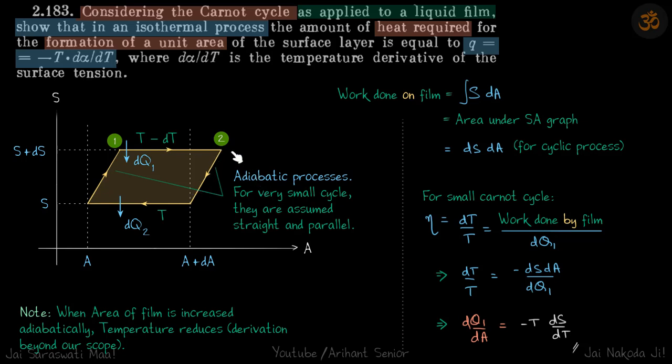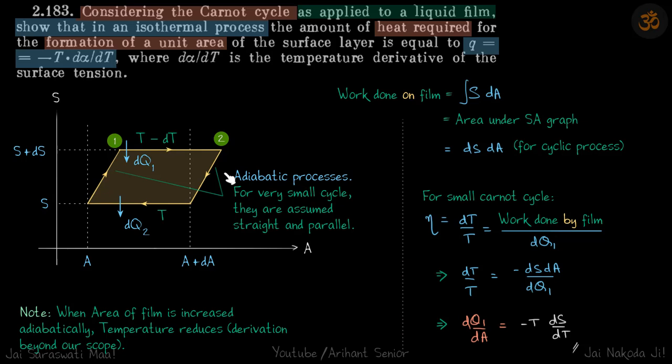Even if you don't know this concept and you draw the adiabatic lines like this, your answer will still come the same. But this is more accurate, where we know that whenever we have an adiabatic change in area, when the area reduces, temperature increases, and when area increases, temperature reduces.